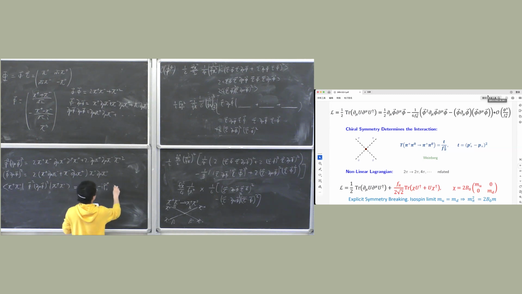The outgoing is this one. Also, this term contributes to the momentum of the pi plus. So this one is just p0 dot p0 prime. And this is p plus dot p plus prime.